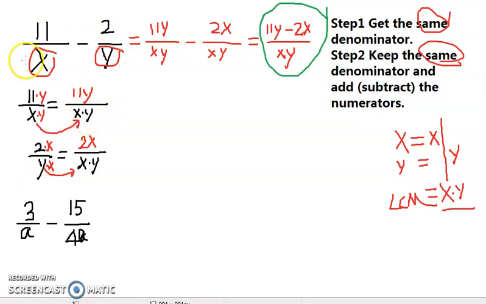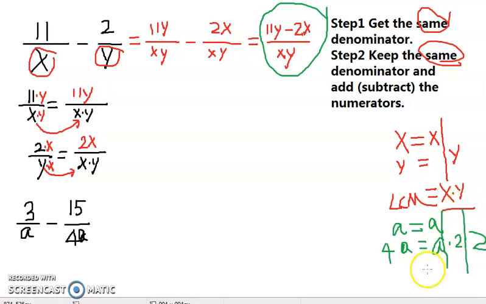So the next one, we're going to subtract 3 over a and 15 over 4a. So this is almost the same way. We cannot break down a, so we will keep it as a. 4a we could break down, that 4 can be factored as 2 times 2. But a cannot be broken down, so we're going to keep the a there. So we line up the letter a.